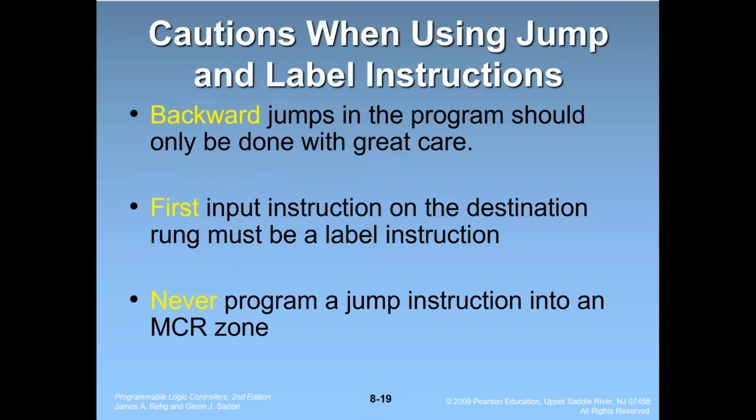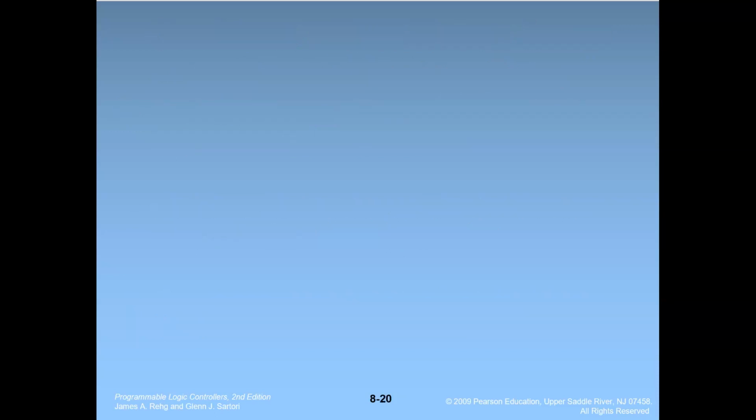Now, there is something that you should be very careful about when you're working with jump and label instructions. The first one is a backward jump. What is a backward jump? We have two different ways of using jump and label instructions. You can use them in this way.